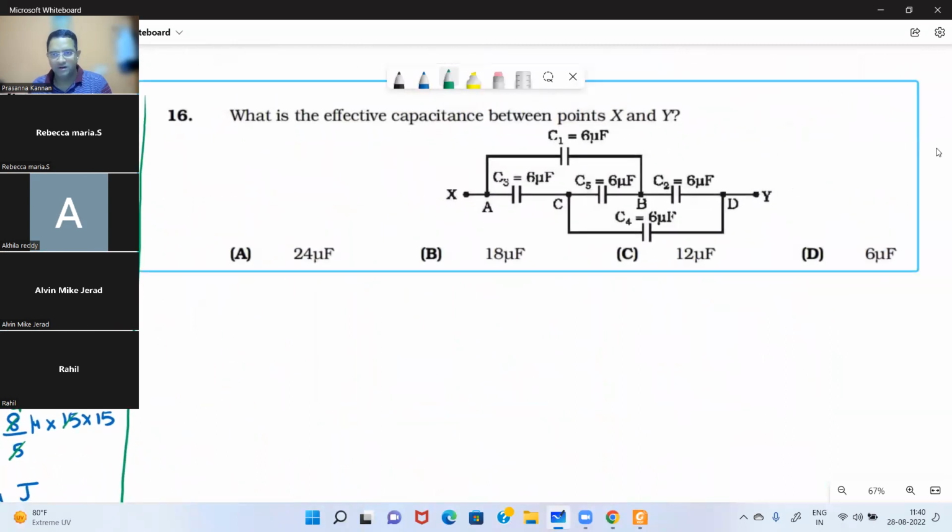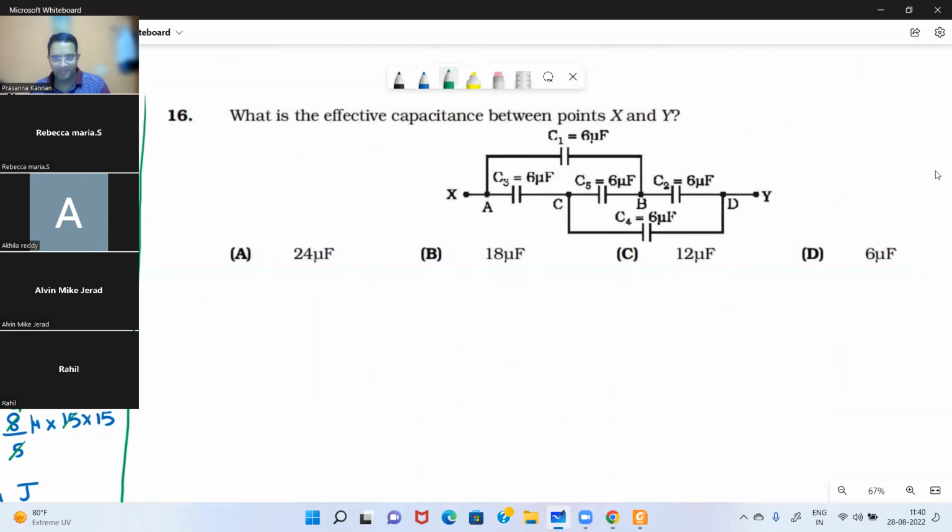Now, what's the effective capacitance between the points X and Y? I think you remember Wheatstone's bridge, right? In electricity. Yes, sir.